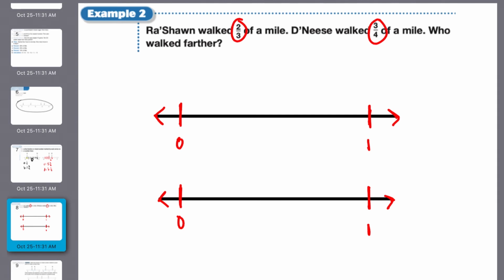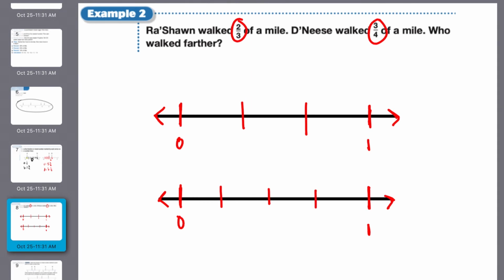So 1, 2, 3, right? I have 1/3, 2/3, 3/3 here. On the bottom one, I'm going to do fourths. So 1/4, 2/4, 3/4. Looks about even.